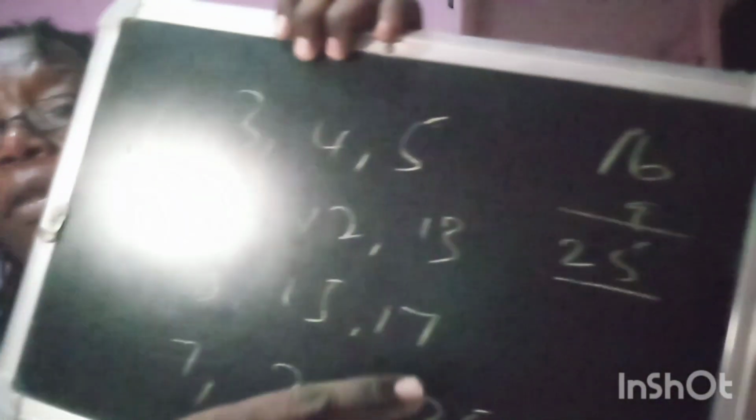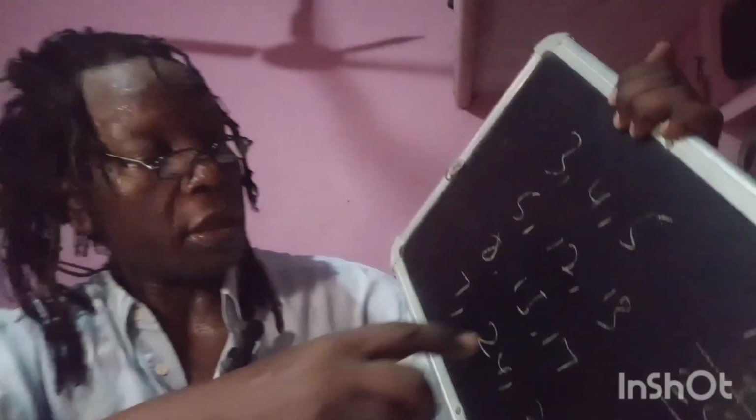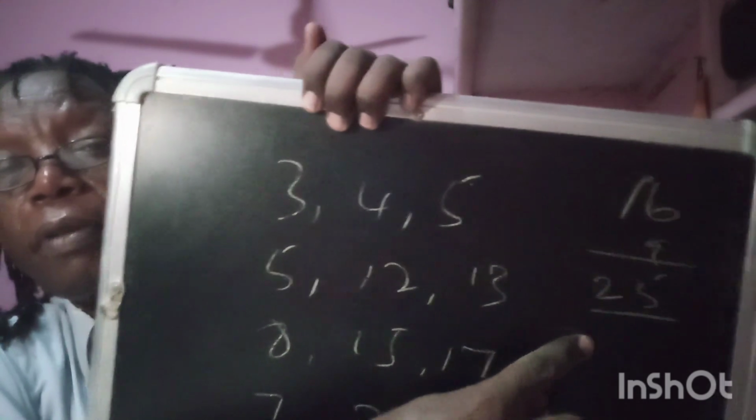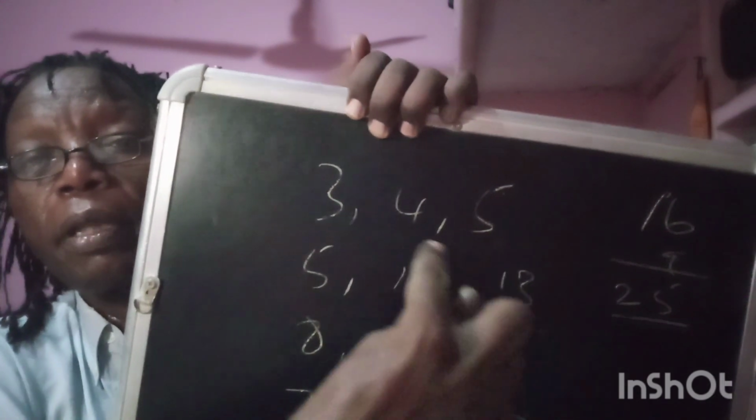So 16 plus 9, what is the answer? 25. Okay, 16 plus 9 will be 25. Now if you square c, which is 5, it also gives you 25. Now this obeys Pythagoras theorem, guys.